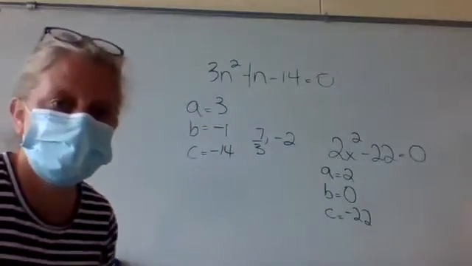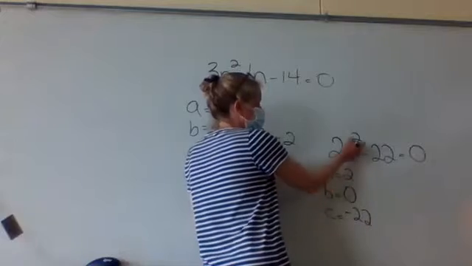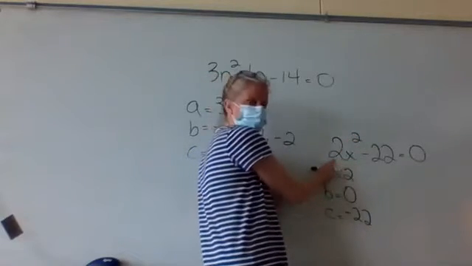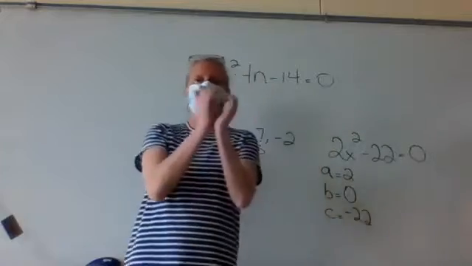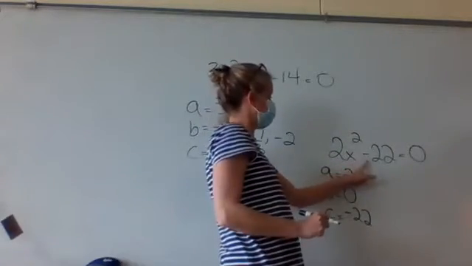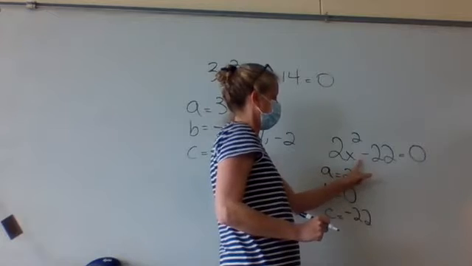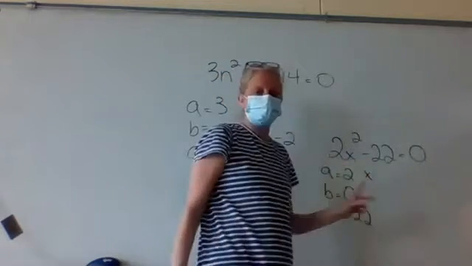Where'd you get 0? Because when I'm doing my A, B, and C, A is always in front of your squared term. So that's where the 2 came from. Your B is the number that comes in front of the just X. Is there a term that's just an X? Right in here, if there was. There is no term that just has an X on it.